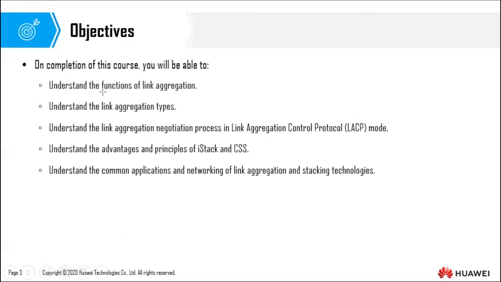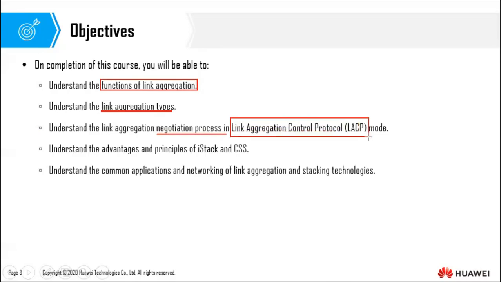By the end of this chapter, you should be able to: one, understand the function of link aggregation. Two, understand the link aggregation types. Three, understand the link aggregation negotiation processes in Link Aggregation Control Protocol, the LACP mode.